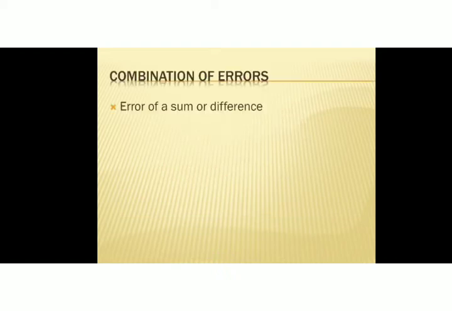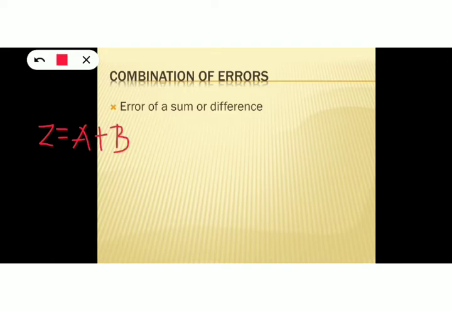First, let's discuss the error of a sum or difference. Whenever two quantities are added or subtracted, how can we combine the errors in such quantities? Consider a quantity Z, which is obtained from two other quantities A and B. How will you find out the error in Z? Okay, that is the question.